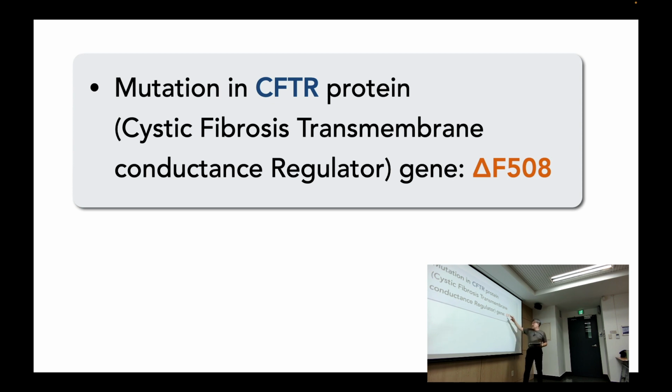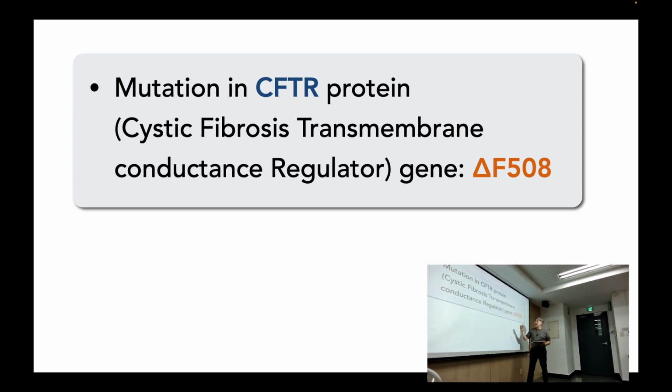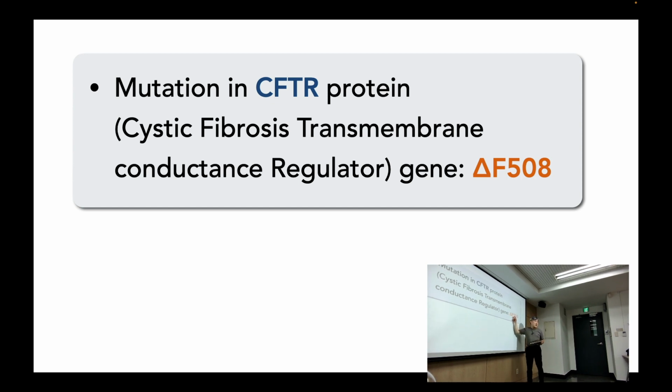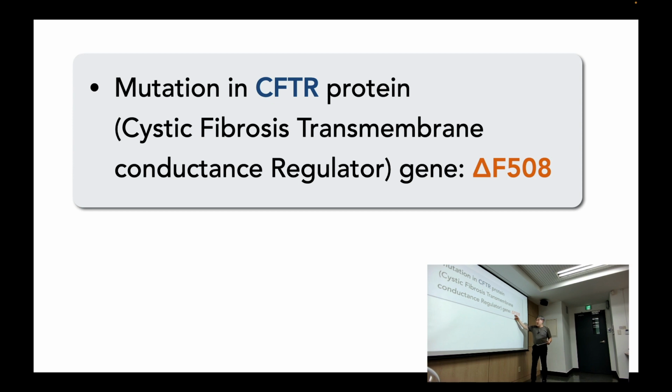What does that mean? The delta stands for deletion, indicating deleted. F is a particular amino acid, phenylalanine, in one-letter code. And 508 is because this is a very big protein. This particular phenylalanine happens to be at the 508th position of the entire protein, which is longer than 1,000 amino acids, and that phenylalanine has been deleted, missing entirely.